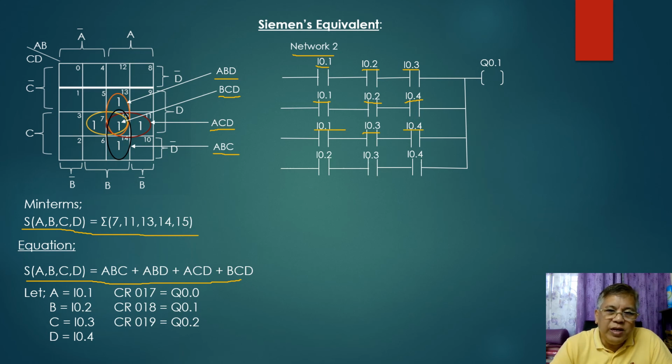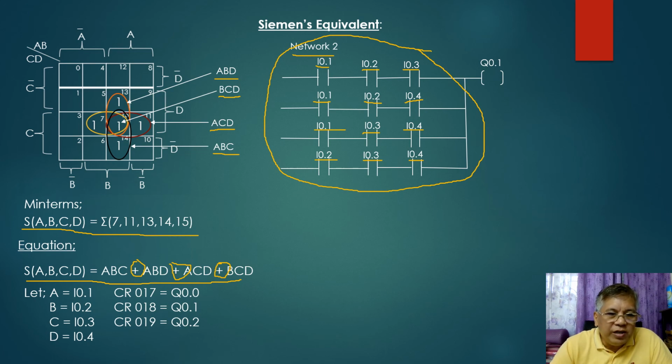And the last one is B I0.2, C I0.3, and D I0.4. And these are being ORed because of the presence of your OR gate here. So it is being ORed together. And then the output S, the siren, which is represented by CR018, will now be represented in Siemens as Q0.1.